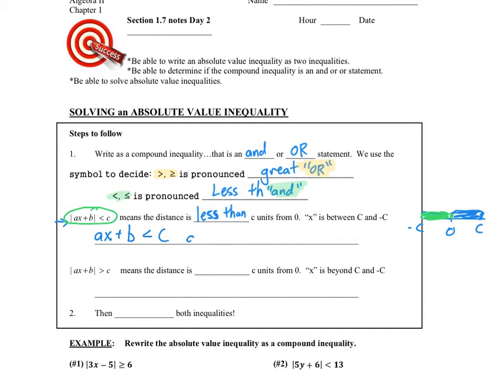So you would say and, now we could say ax plus b is greater than negative c. That would be the green part. So it's either bigger than negative c and it's less than positive c. Okay, and this graph is going to be a sandwich. Okay, it's going to look like this.